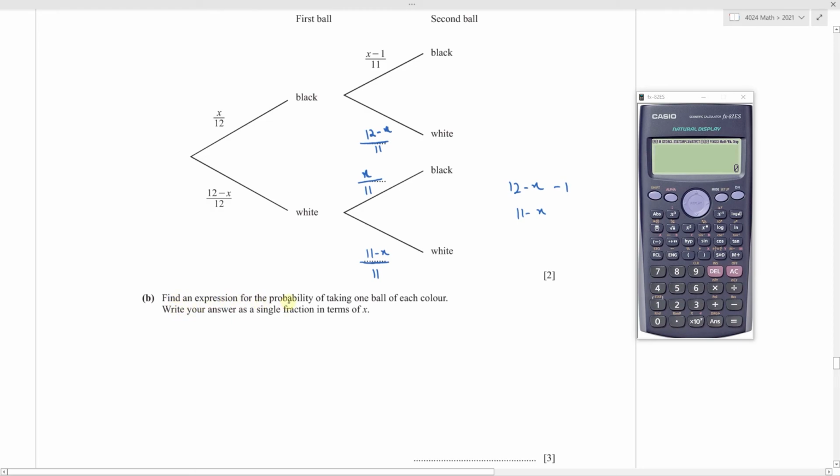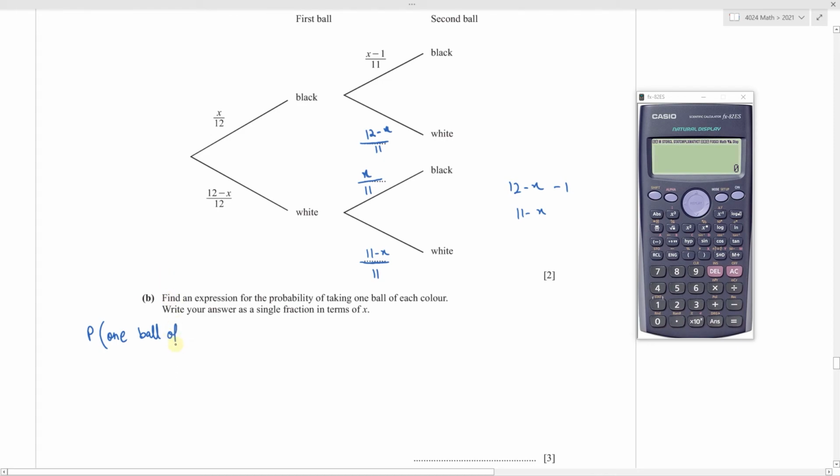Find an expression for the probability of taking one ball of each color. Write your answer as a single fraction in terms of X. So you have to find the probability of one ball of each color.